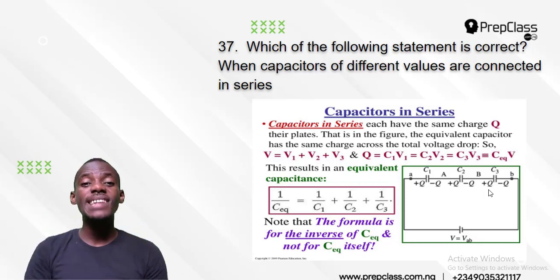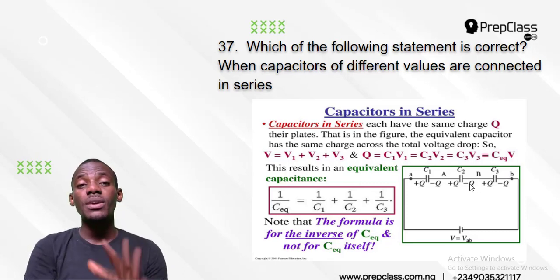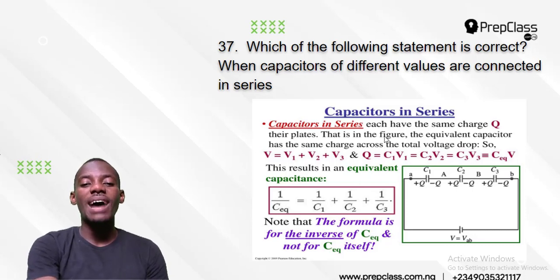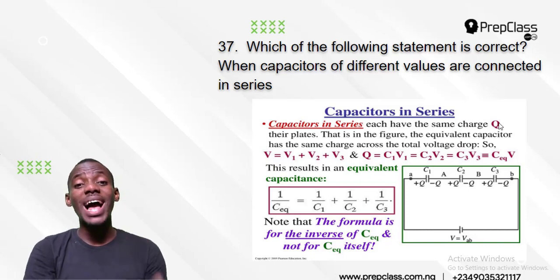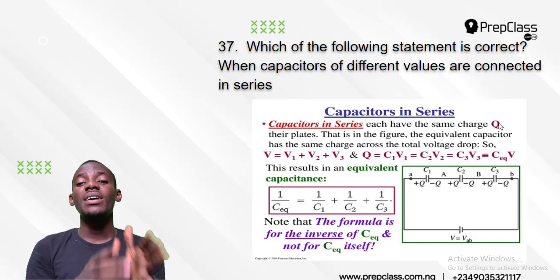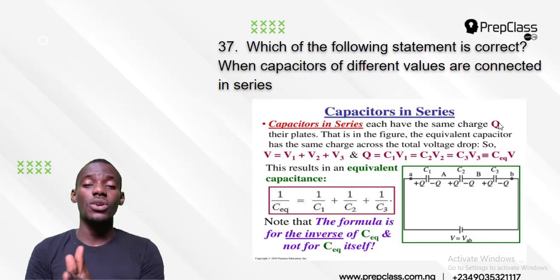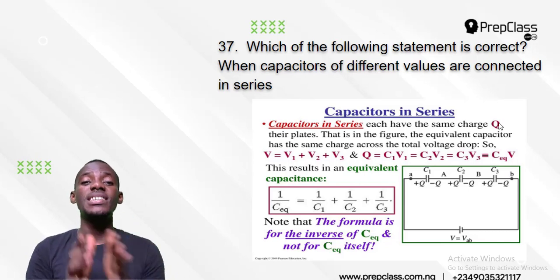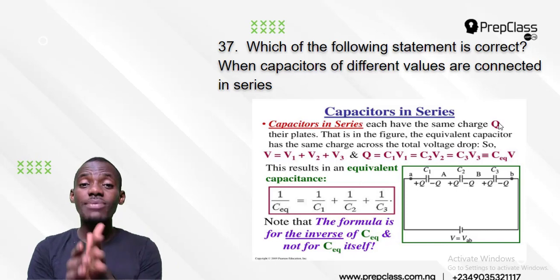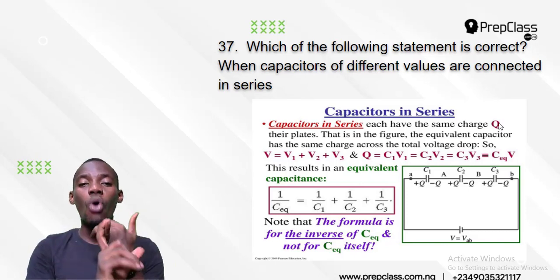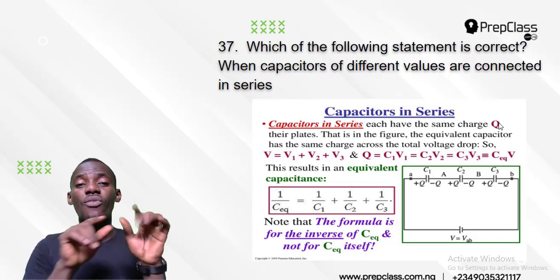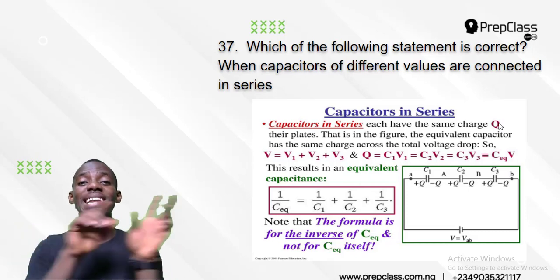If there are capacitors in series, the charge will be the same, not the capacitance, but the charge, just as the current flowing through things in series is the same.